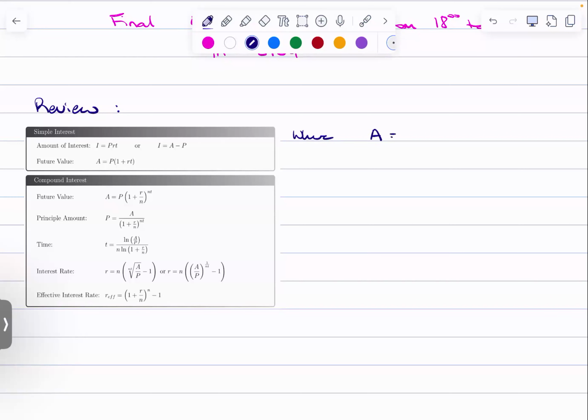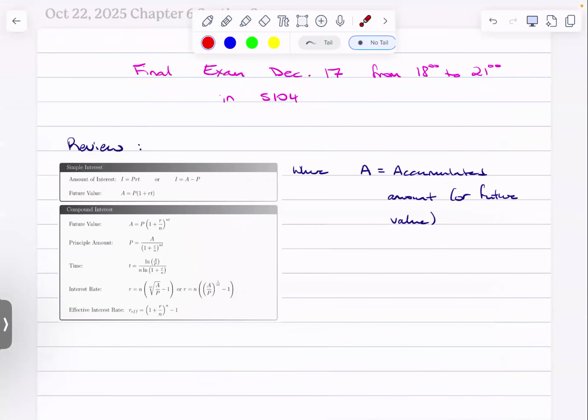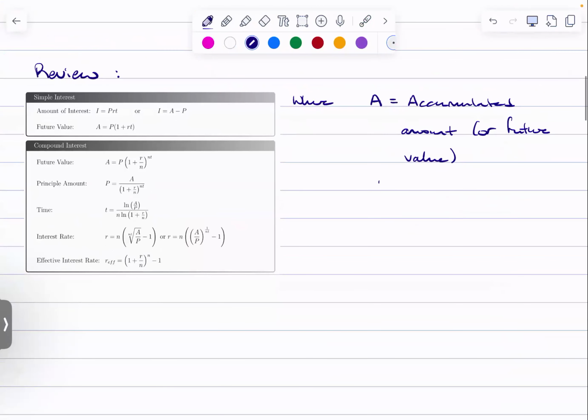Where A is the accumulated amount or future value. In both of these formulas, we have a P next. We also have an R and a T in both of these equations, as well as an N. And so we have P, which is your principal amount.